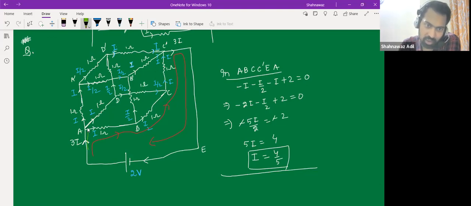We can also take this loop, from A to D to C to C prime to E to A. Understood? It is totally up to us what kind of loop we take.